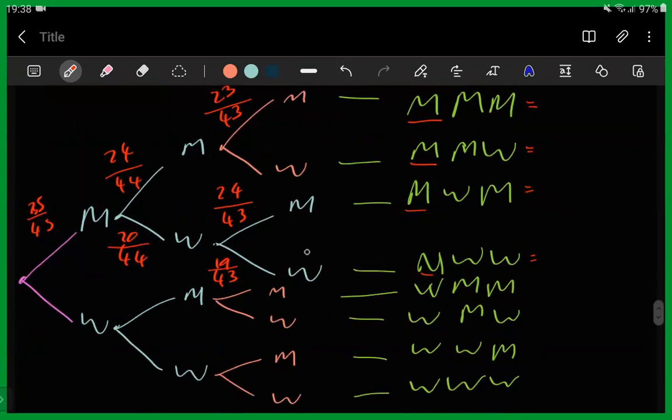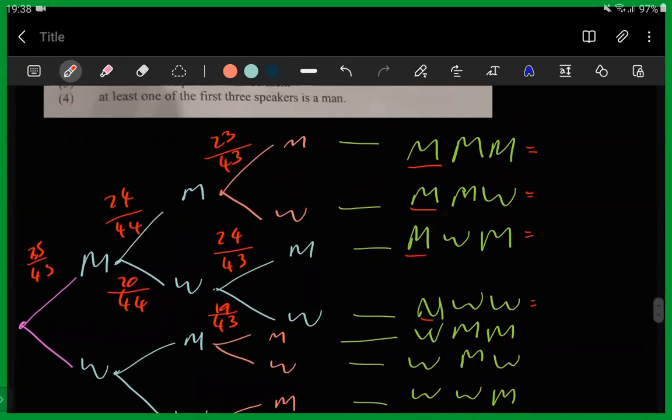We have all these probabilities here. It's going to be 25 over 45 times 24 over 44 times 23 over 43.